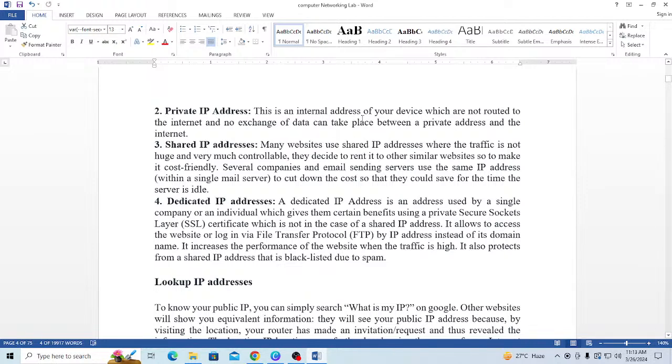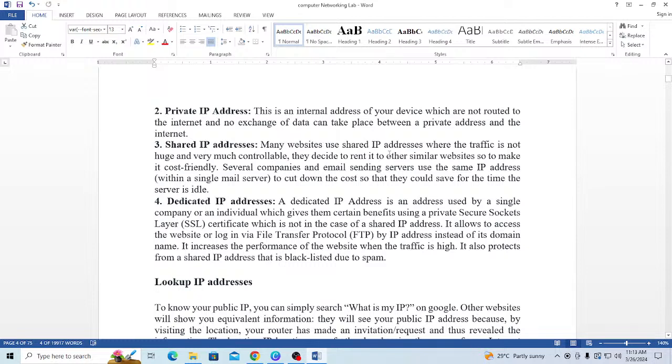That means there are no changes in the address of the particular device. No changes happen, and no unauthorized persons can access that particular address. Only the persons who have the authority provided by the server as well as the client-related IP address.